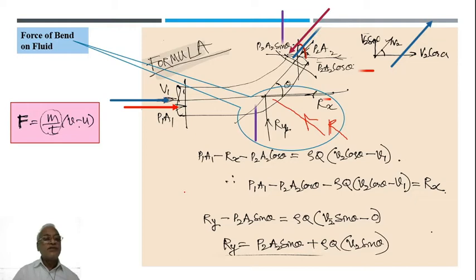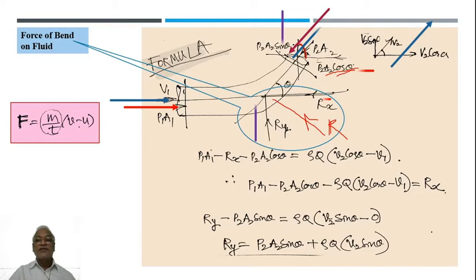So the basic equation is sigma F, or total force F, equal to mass rate of flow multiplied by change in velocity. So just now we have seen that there is P1A1 in the x direction minus Rx minus P2A2 cos theta.